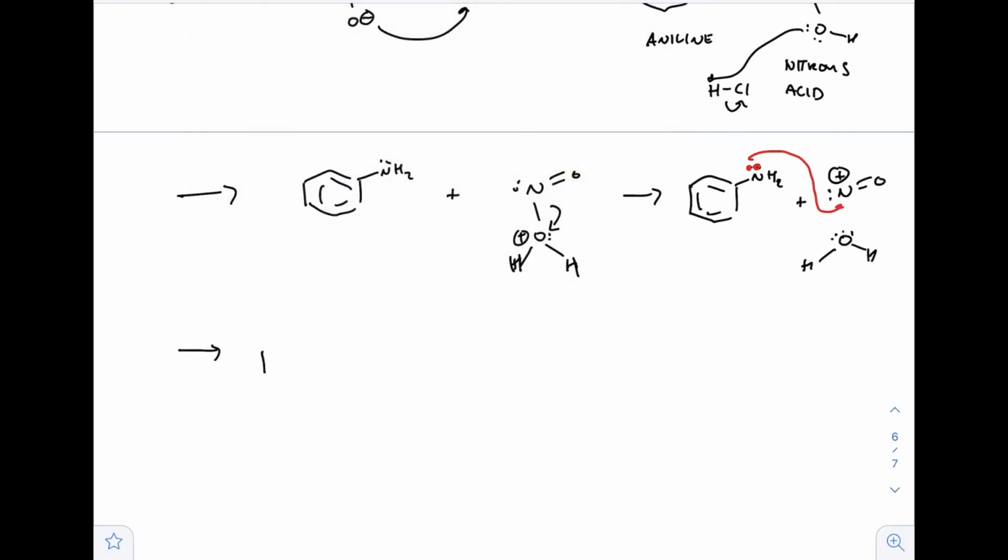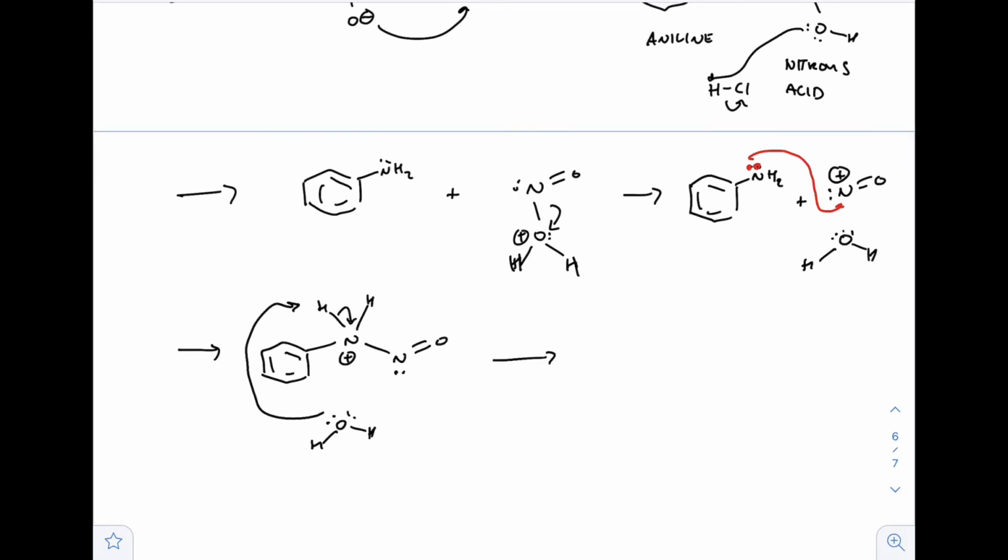Of course, it attacks, and then we've got a nice little intermediate drawn here. So we got that nitrogen bond starting to look a little bit more like that diazo group that we want, right? So now we got a positive charge on that nitrogen. We want to neutralize that, but we also want to get rid of that oxygen and create some more nitrogen bonds, right? So of course we'll swoop on that proton with some base that's present, and of course why not just use water?